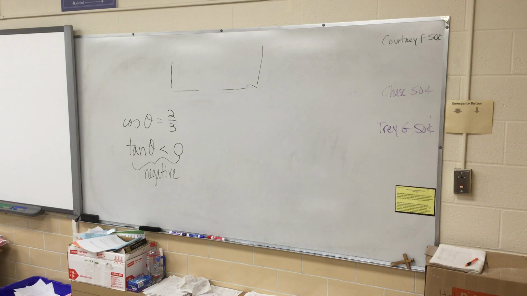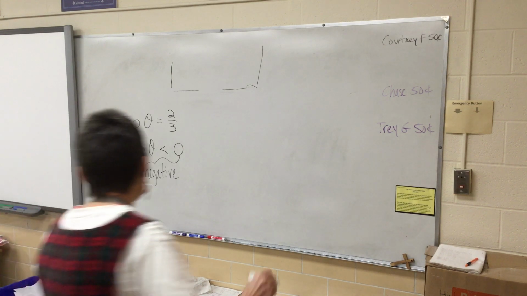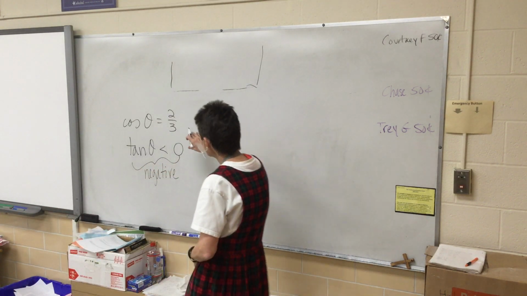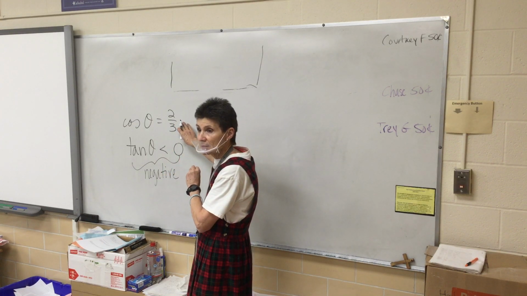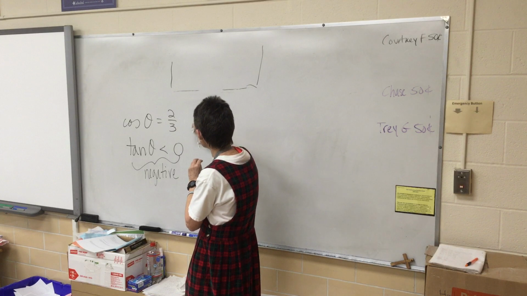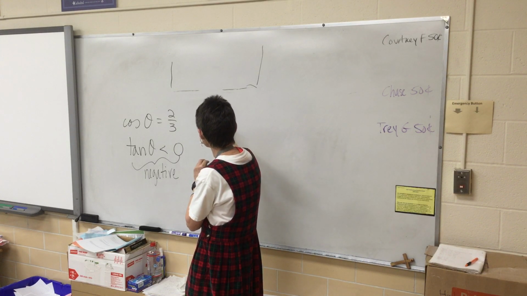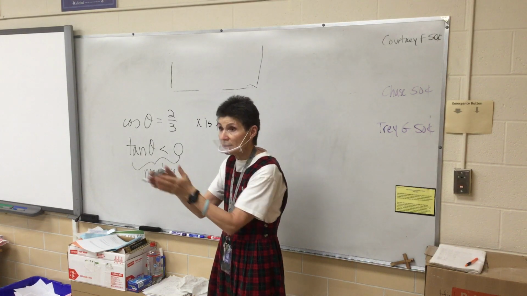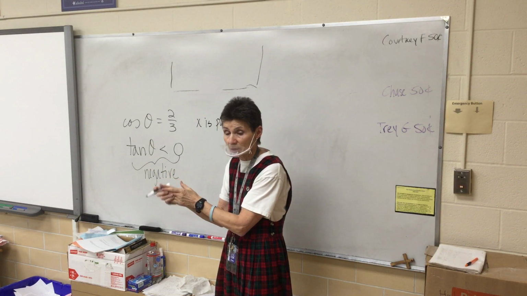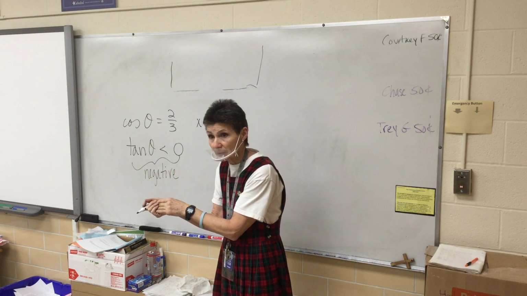Cosine is associated with x, right? So when they tell me that the cosine is a positive 2/3, that automatically means that x is positive. Agreed? Cosine goes with x.